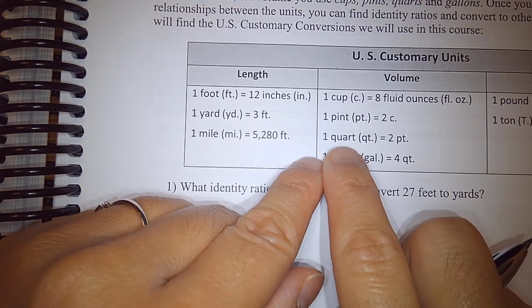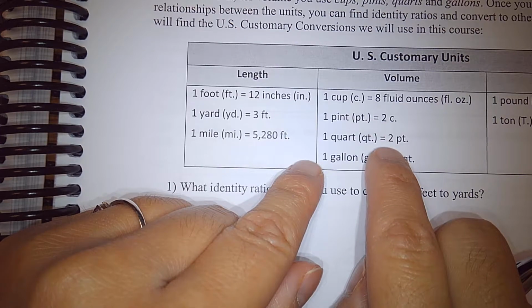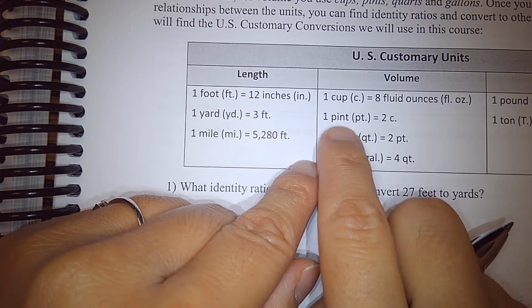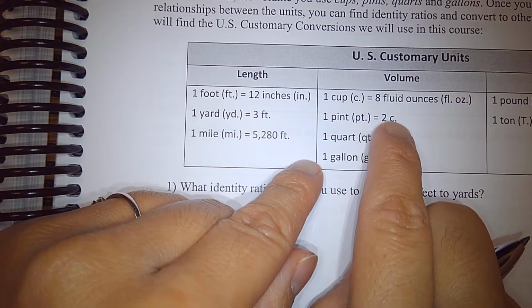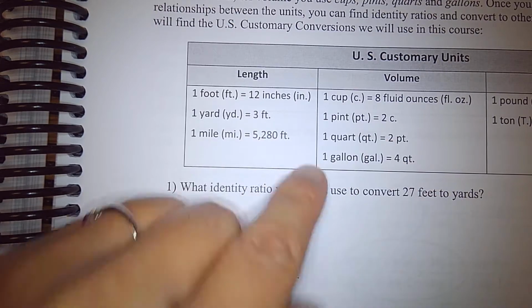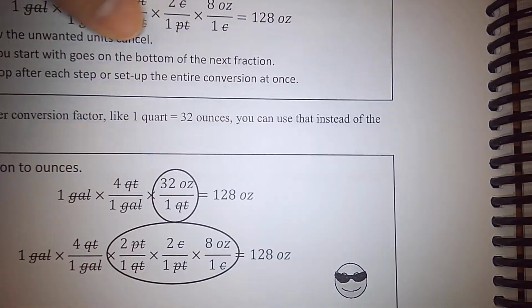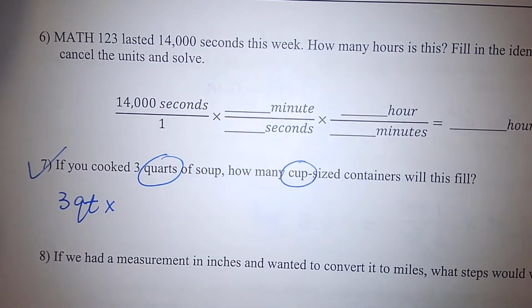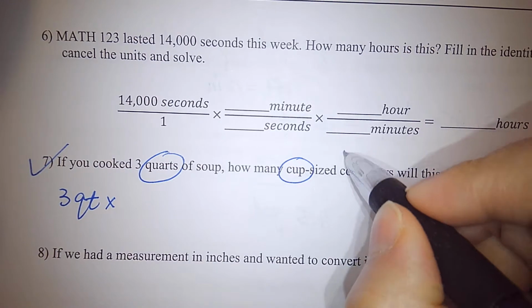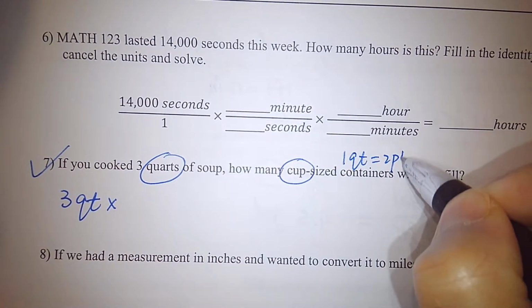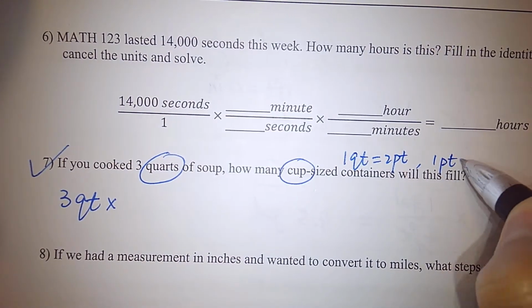But we know every 1 quart equals 2 pints, and every 1 pint equals 2 cups. So I'm going to write this relation on the side to help us.